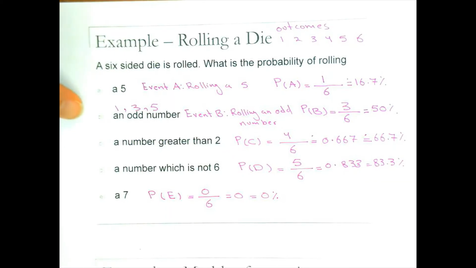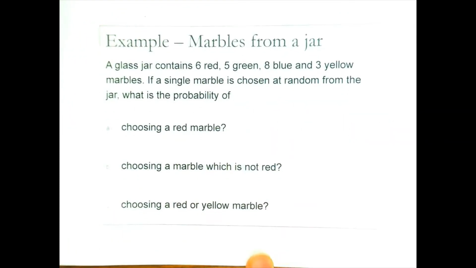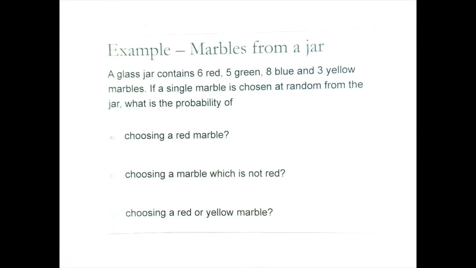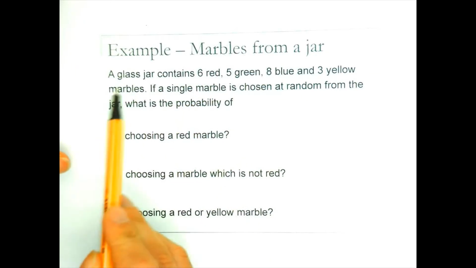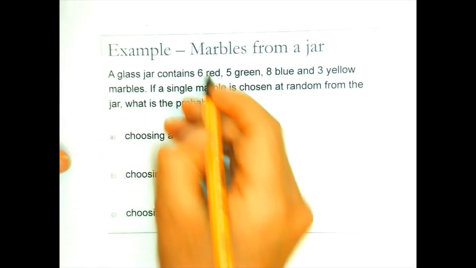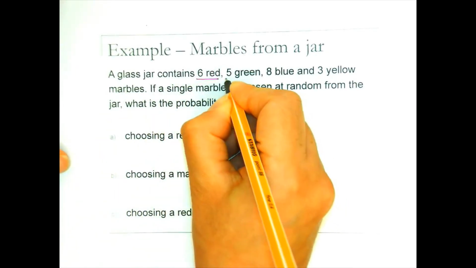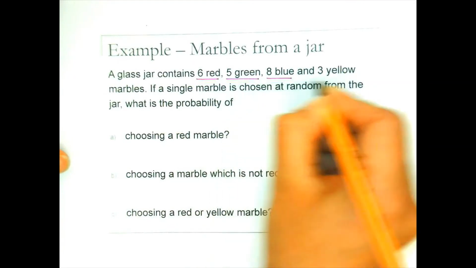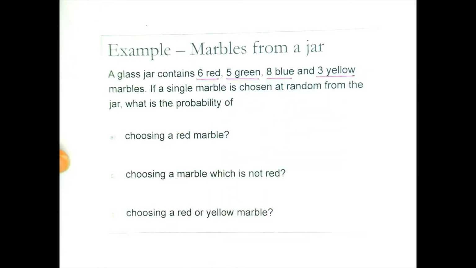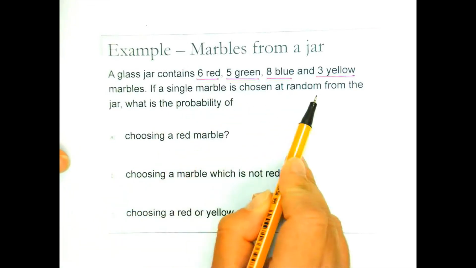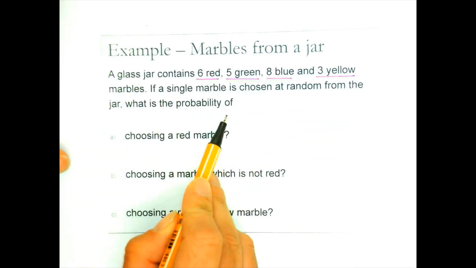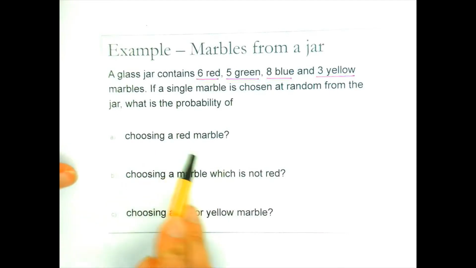Now, let's move to another example. This one is marbles from a jar. A glass jar contains 6 red, 5 green, 8 blue, and 3 yellow marbles. If a single marble is chosen at random from the jar, what is the probability of choosing a red marble?